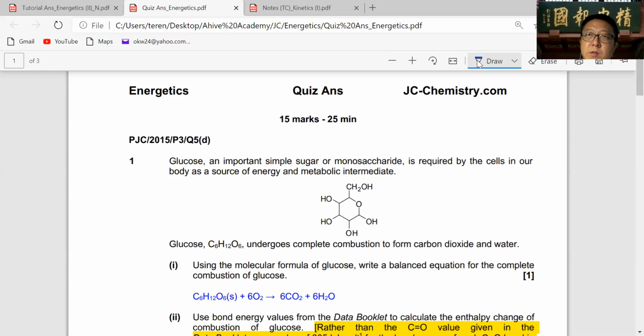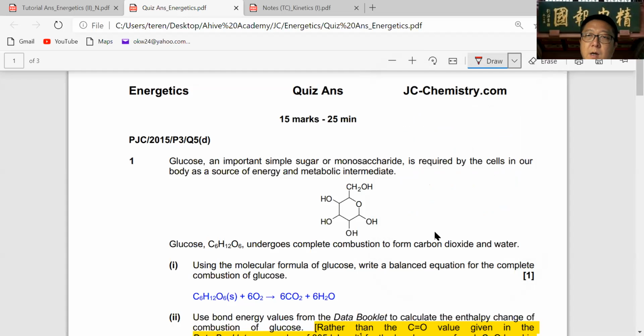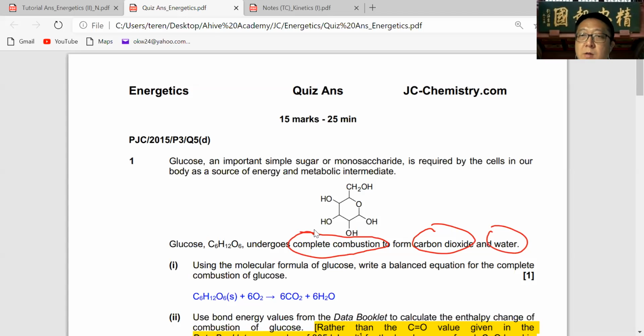Okay, so let me change to red pen first. Here, carbon dioxide and water, complete combustion. That means you burn in oxygen to form carbon dioxide and water. So you must get the equation out. Very important, because if you don't have the equation out over here, then you cannot proceed with part 2. Part 2 requires you to use the bond energy.